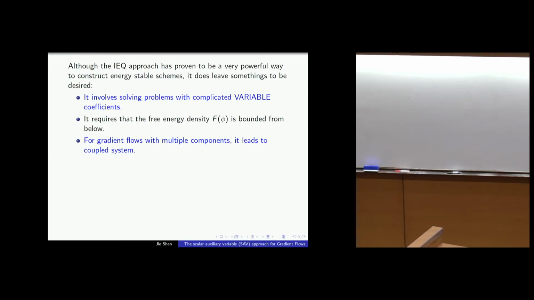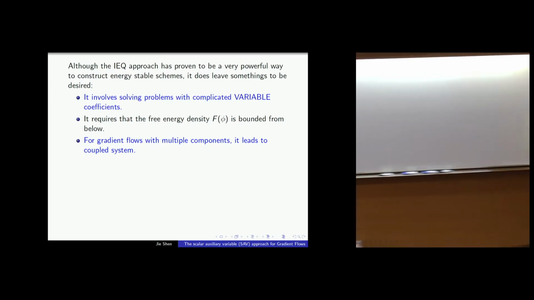But if you would like to be a little bit more demanding, then you say, okay, I still would like something more. For example, I do not want to solve problems with complicated variable coefficients. This is very important for people doing finite difference and spectral methods; dealing with variable coefficients is sort of annoying.